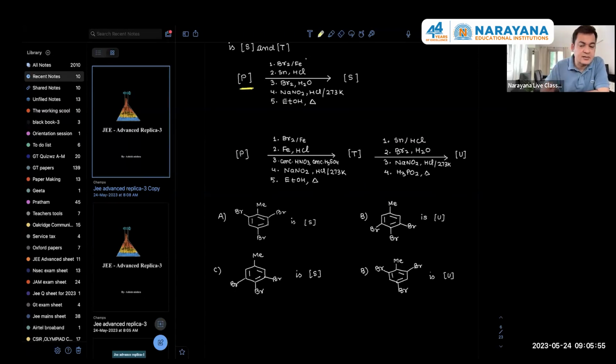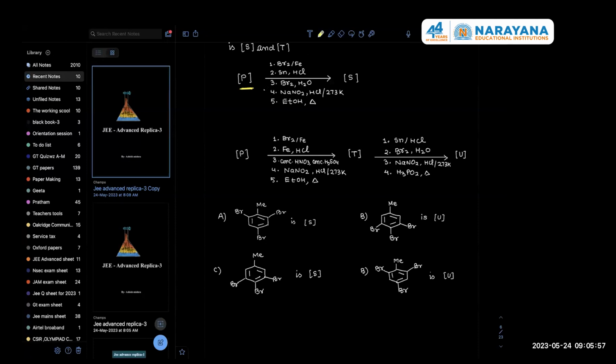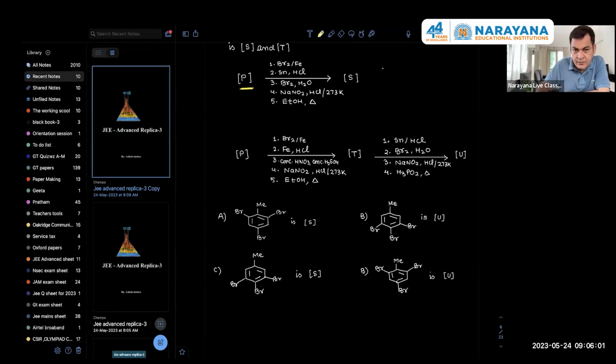Should I solve this? Yes, sir. So suppose the initial P was orthonitrotoluene, right? This is the compound.